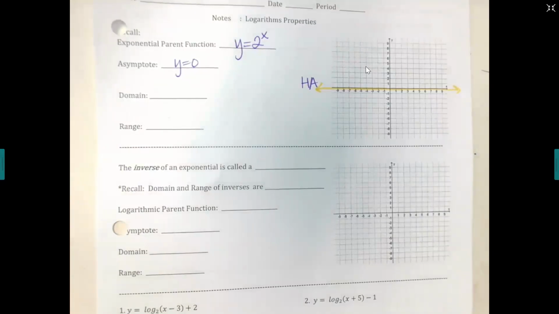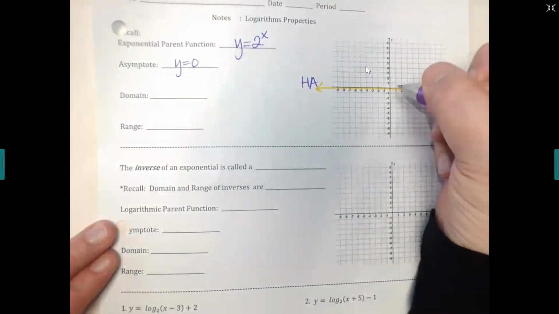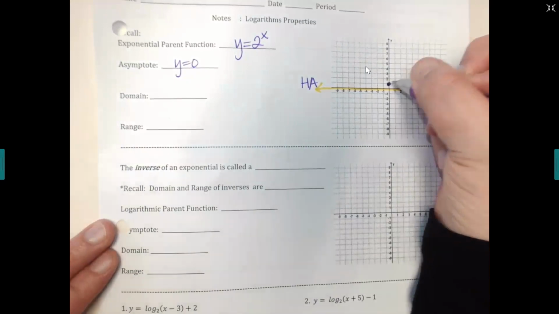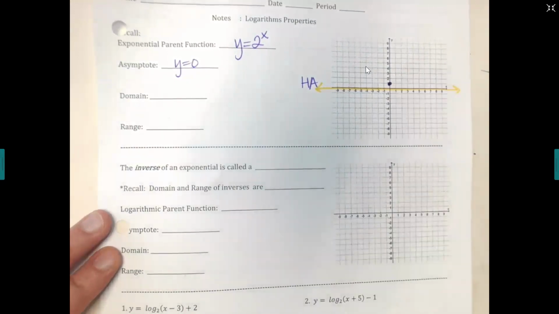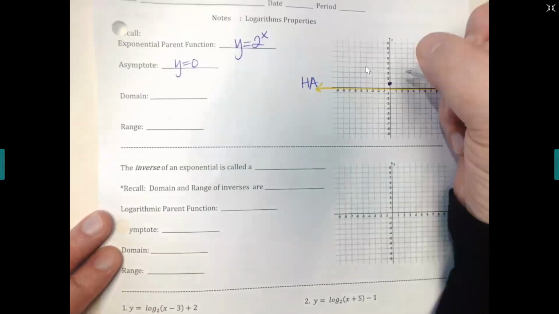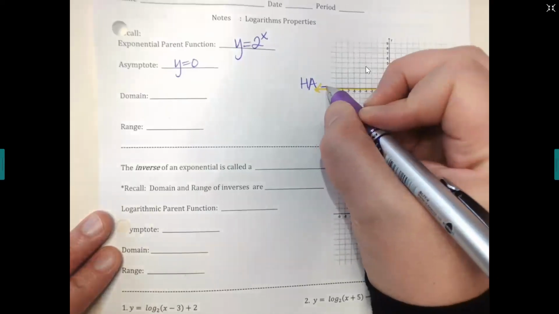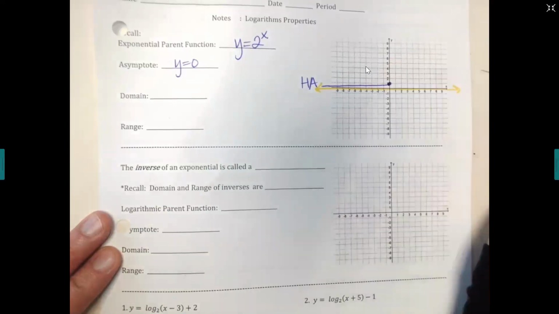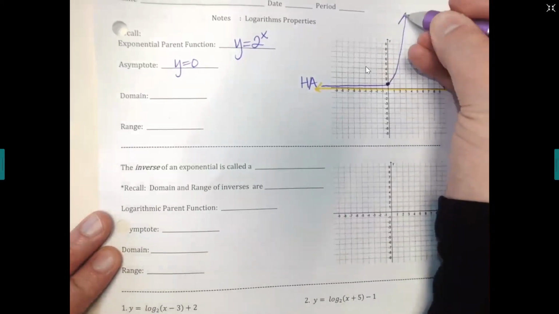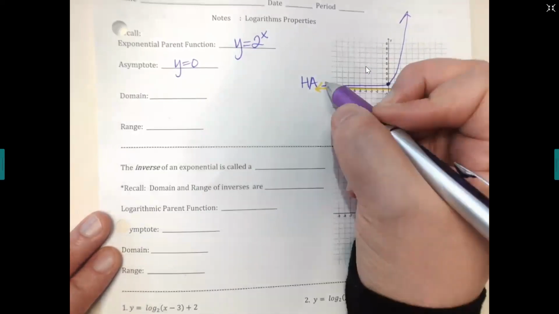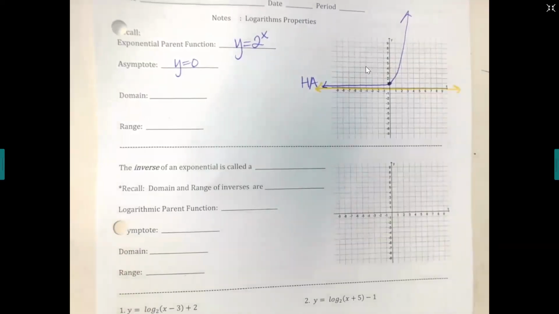Okay, then remember that because I now can't touch the x-axis, I can't go through the origin, then I'm going to go through one box above the origin. And then remember that your graph goes down on this side towards the line and then up on this side. Okay, and we're really just kind of sketching the shape. You don't have to hit all the exact points.